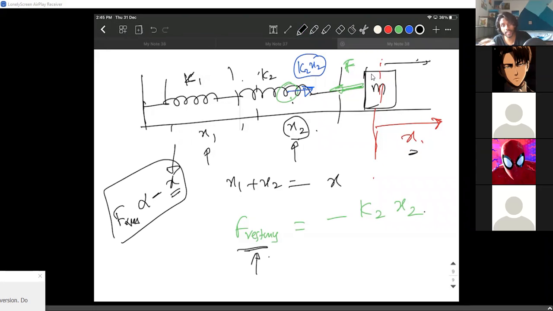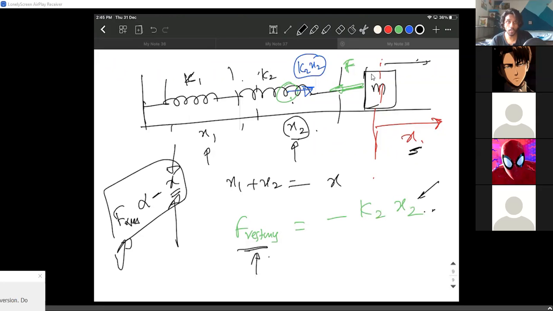Is it proportional to x here? No, it's not. It is proportional to x2, not x. You should be writing the restoring force in terms of x, not x2.